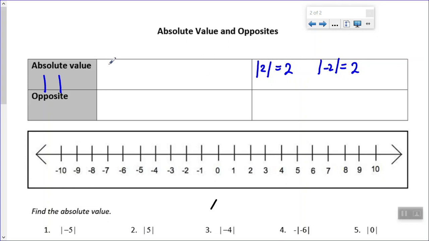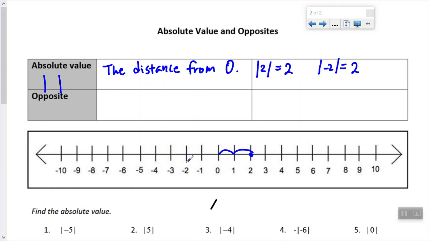So what is absolute value? The definition is it is the distance from 0. So let's just look at this number line. If you have 2, what is the distance from 0? 1, 2. So positive 2, the absolute value is the same as the number, it is 2.